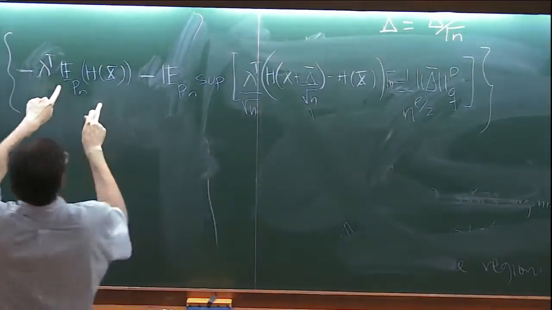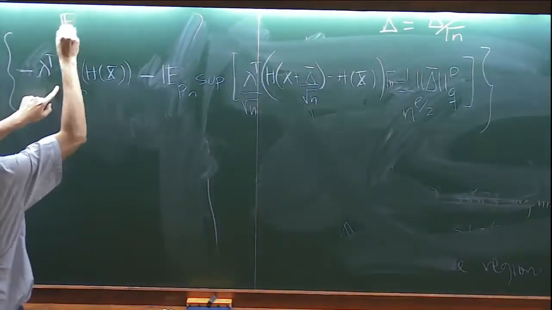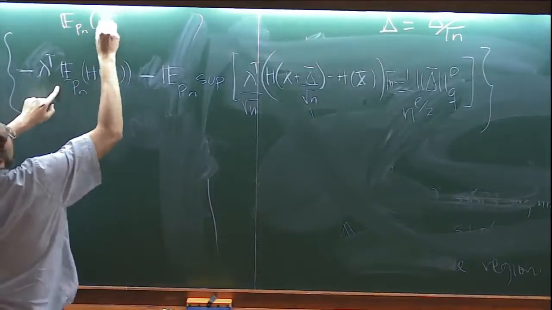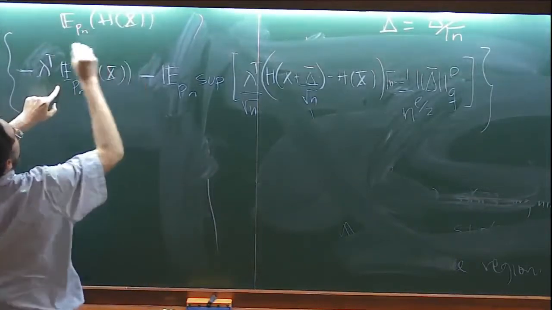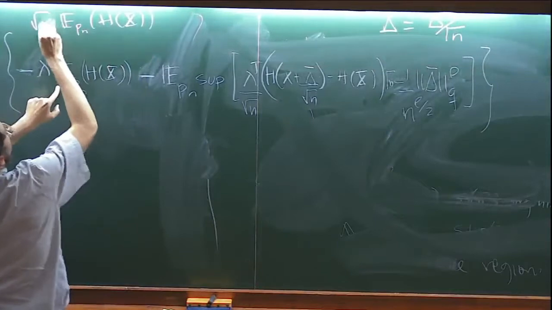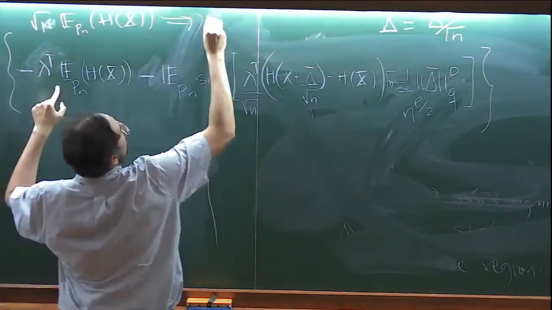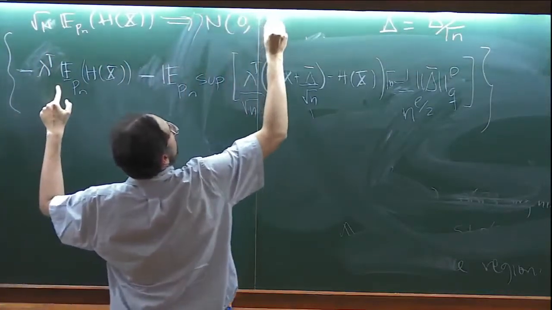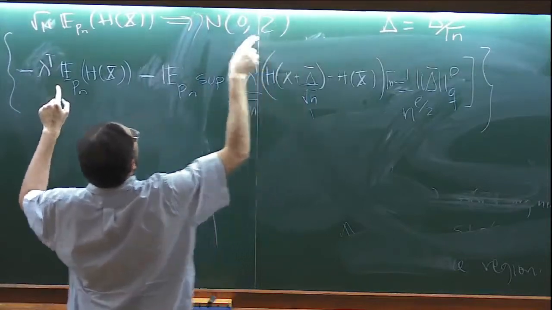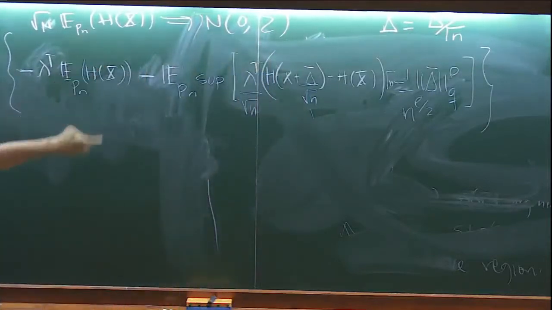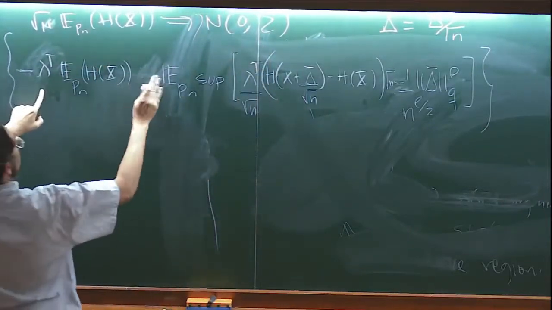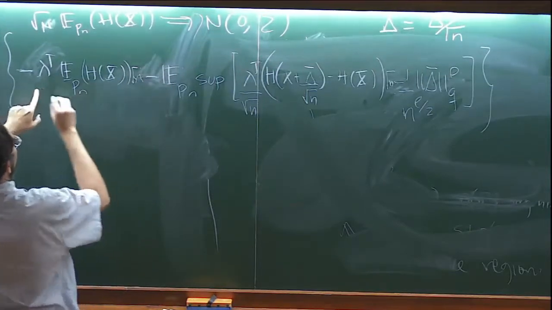Then here, under the null hypothesis, I know that EPn h x times root n converges to a normal with mean 0 and covariance sigma, which is the covariance of h x. So I'm going to multiply here by root n and divide by root n.